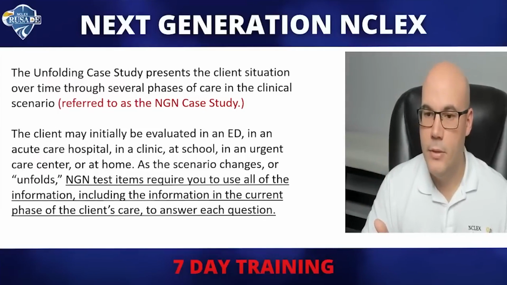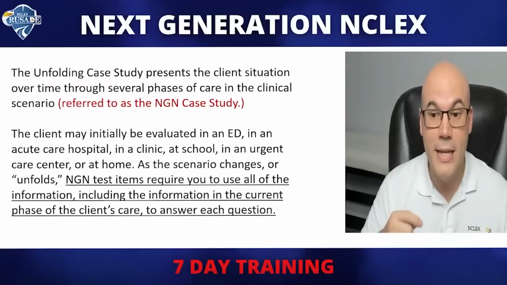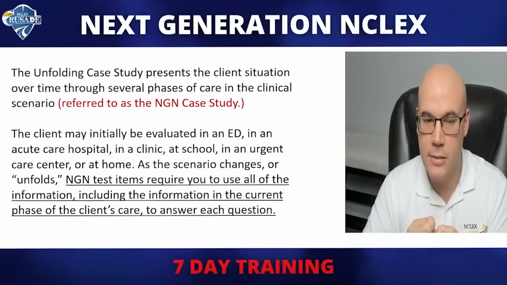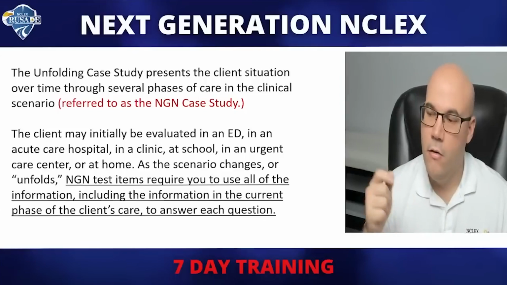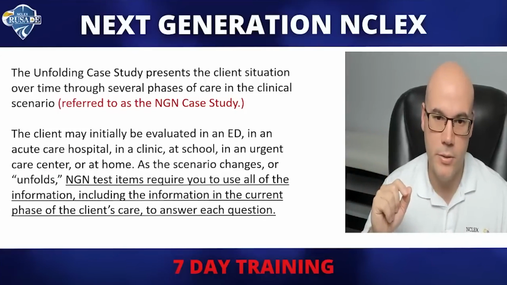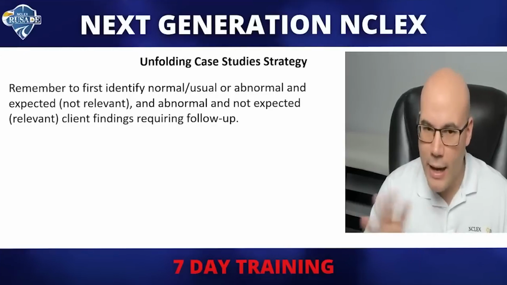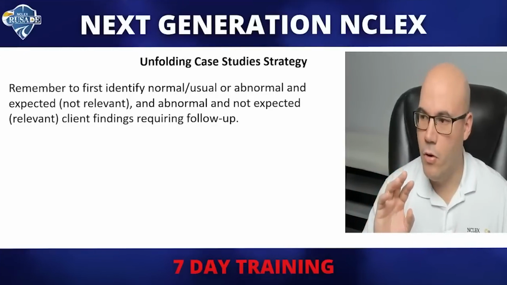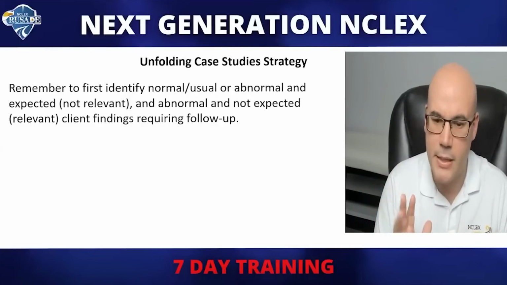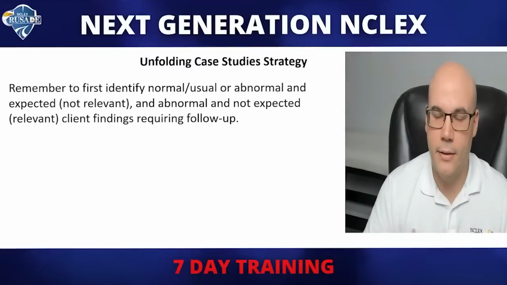Improved. So you need to look at those details. Time and place are very important for case study questions. A very basic strategy that I want you to write down for case studies. This is very basic. We're going to talk more in depth later on.